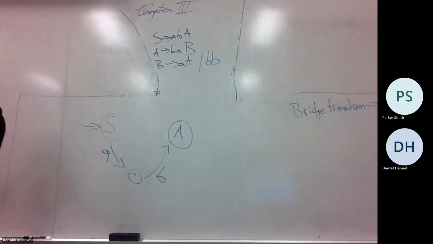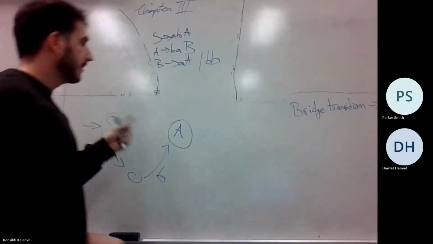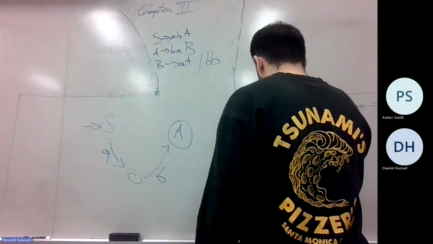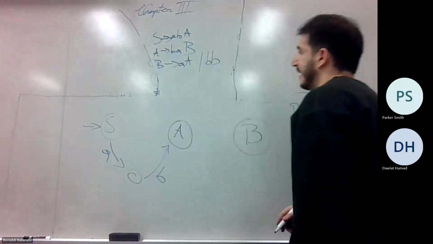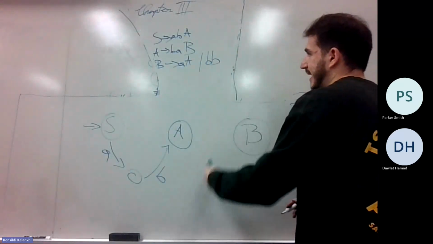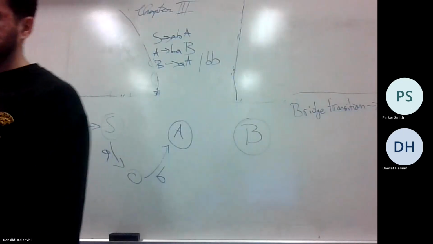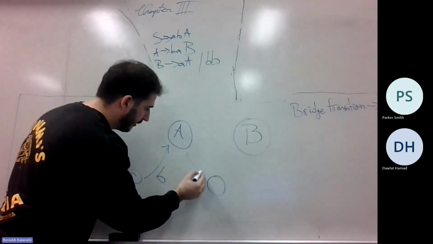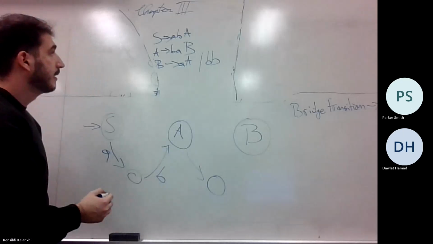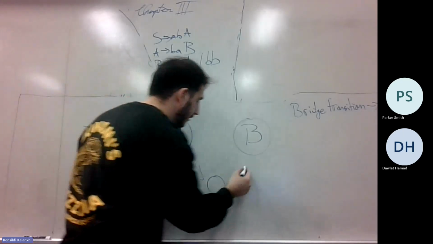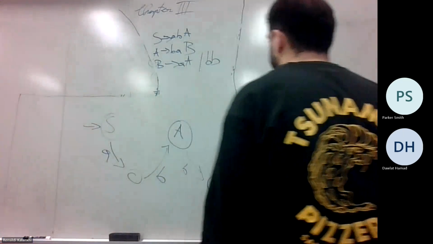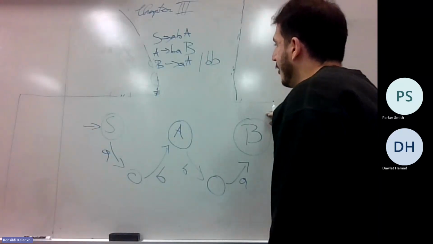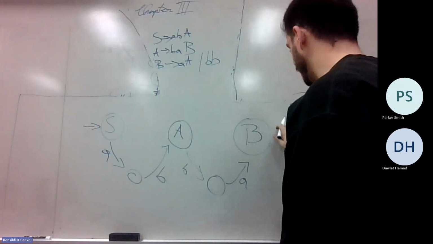Now we have A with the B state, which is pointing B and A, which is going to be the same thing, right? B, A. Now we have two possibilities.